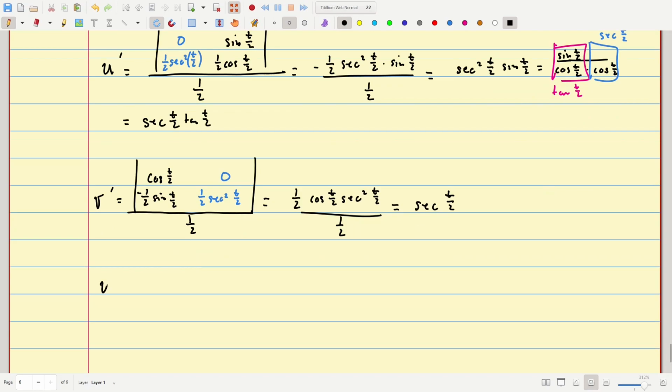All right. We can integrate now. u is the integral of secant tangent. We need to do a u substitution, but after the u substitution, we just get secant of t/2, because secant times tangent is the derivative of secant.